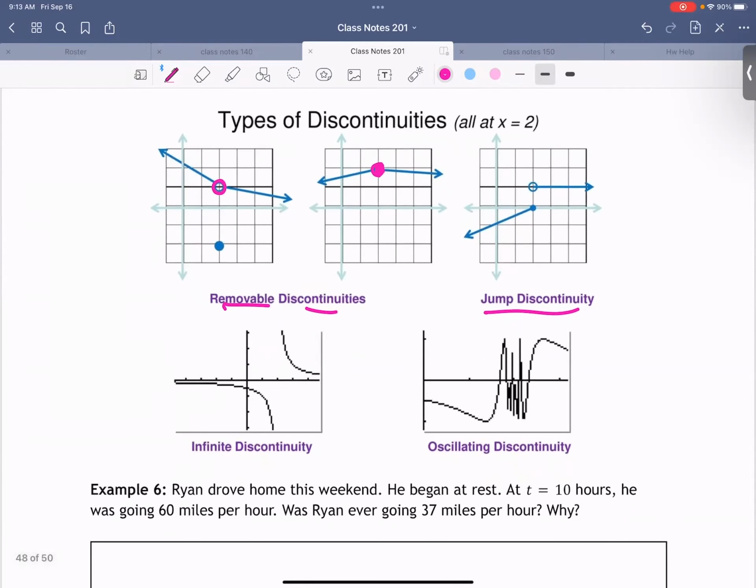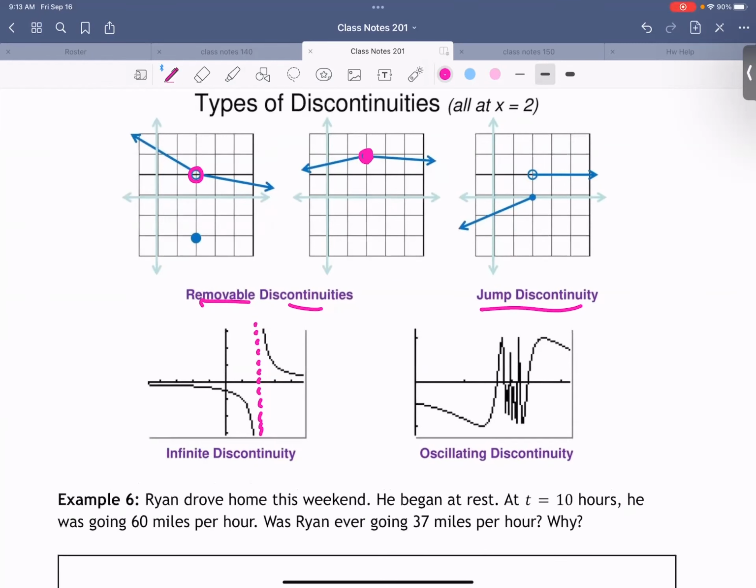We also saw the asymptotes as a discontinuity. We have infinite discontinuities. This happens when we have an asymptote going on. The last type of discontinuity I didn't talk about because I didn't put up the function is something called an oscillating discontinuity.